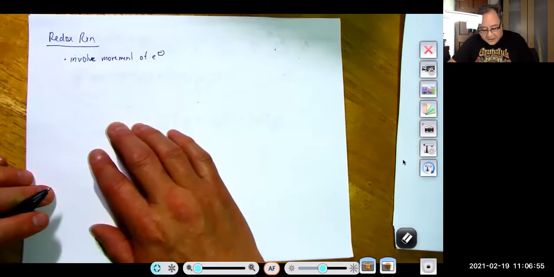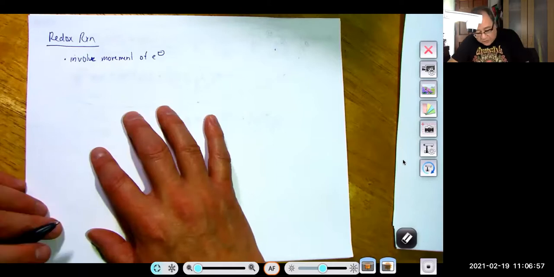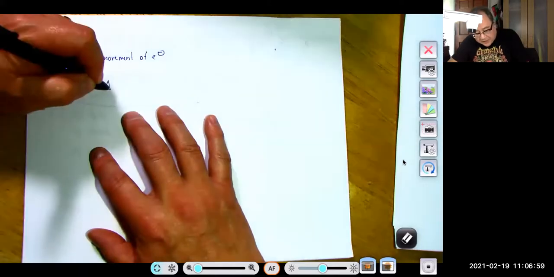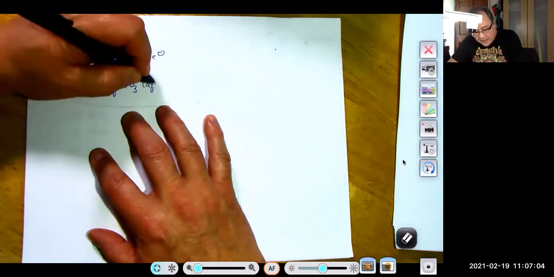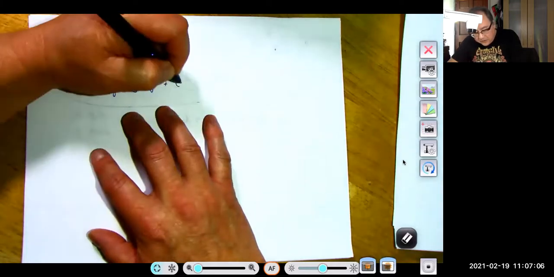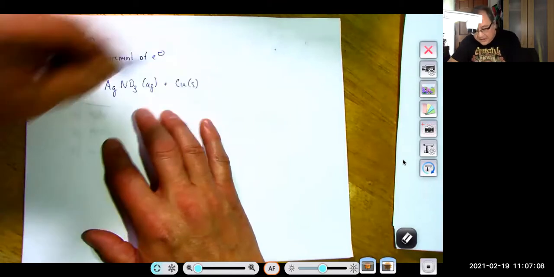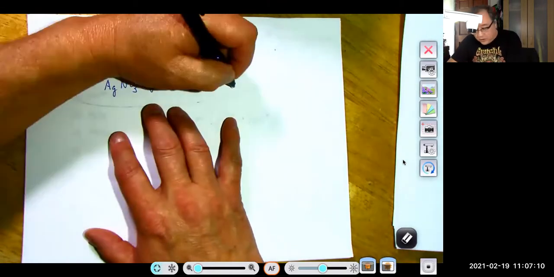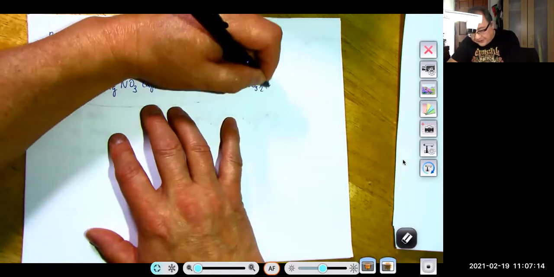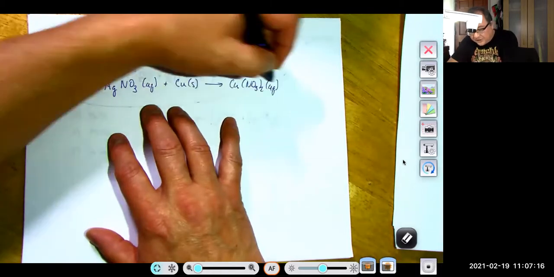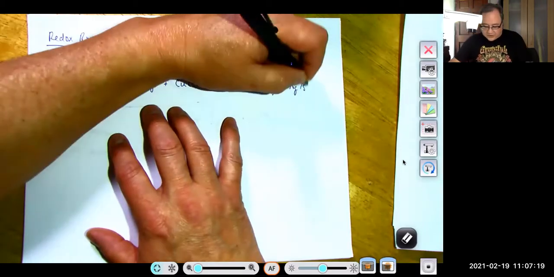And in your lab, I give you an example of a redox reaction where you take silver nitrate, aqueous, and react it with copper metal, and you make copper 2 nitrate, aqueous, and silver metal. So this is a redox reaction.